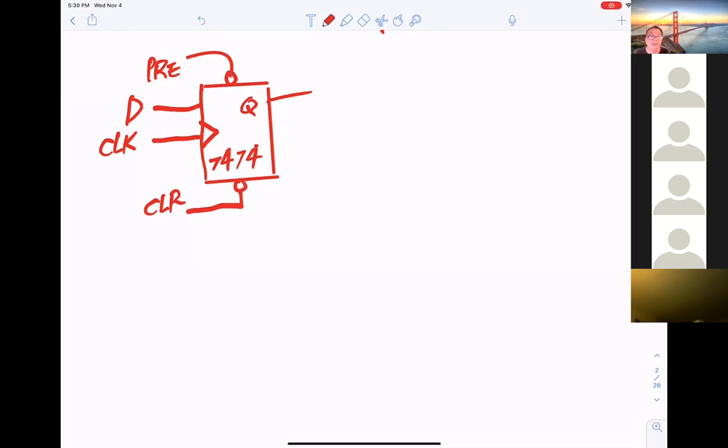Okay, this is a D flip-flop. If you're looking into the D flip-flop, you can get preset, the clock, clear, and D input.